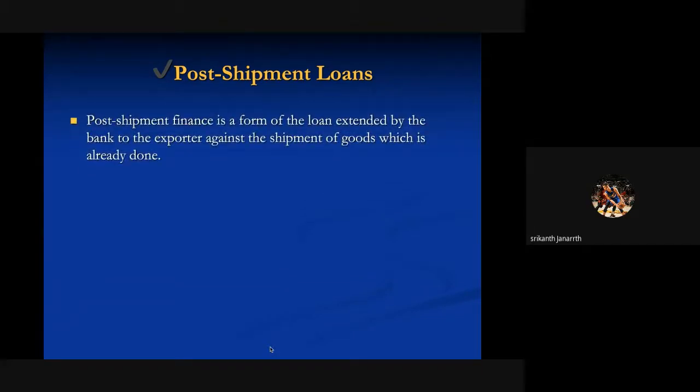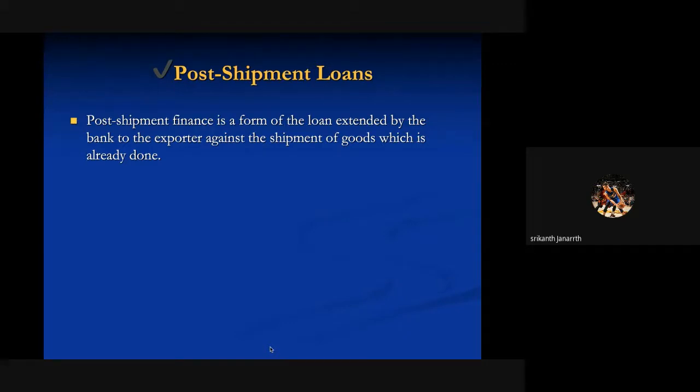Now post-shipment. This is after shipment; pre-shipment is before shipment. So what type of post-shipment facility are we talking about here? Sometimes, as I told you, the exporter gives a credit facility to the importer. I think we learned under LC, acceptance and deferred payment, there are credit periods given.